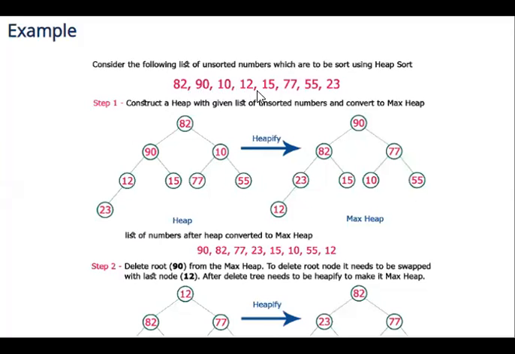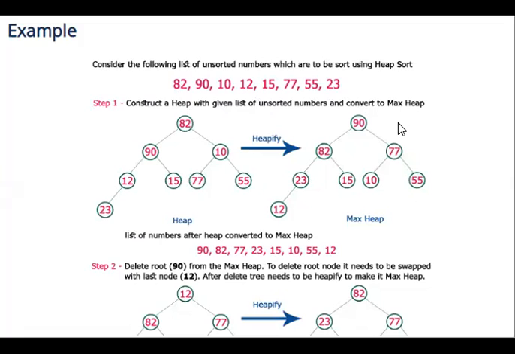Now these are the elements to be sorted. First, we have to construct a heap with the given list of unsorted numbers, and convert it to a maximum heap. This is the first step.